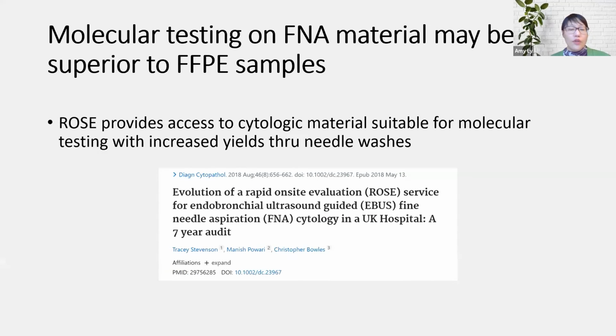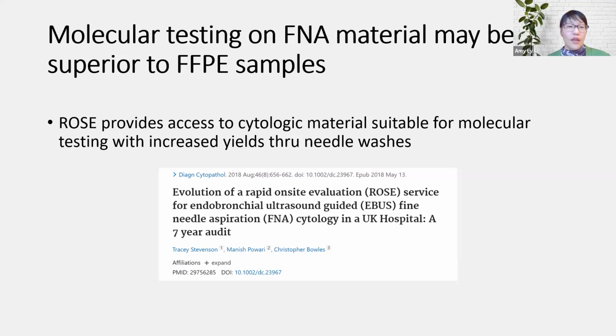Furthermore, given that we're doing molecular testing on so many of these samples that are malignant, molecular testing on FNA material may be superior to FFPE samples. And this is something that is known: when you preserve material in alcohol, it is a higher quality than running it through formalin fixation.